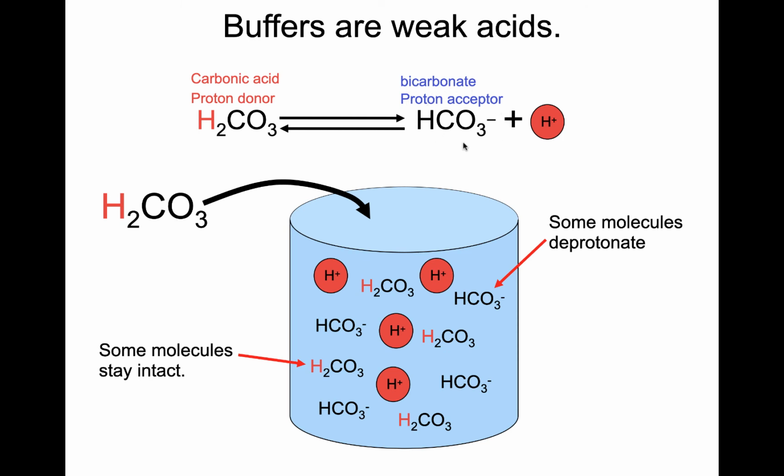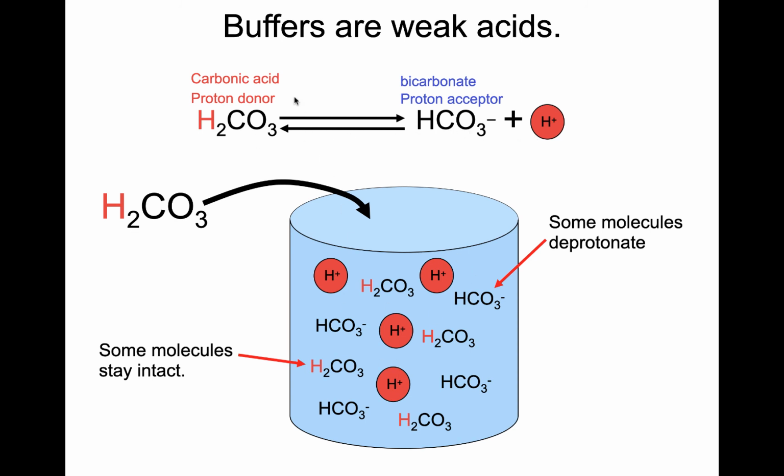And this is really, really important, because what this means is in this solution, we have molecules that look like this. This is called the conjugate base. It has the ability to suck up some protons to become the acid.